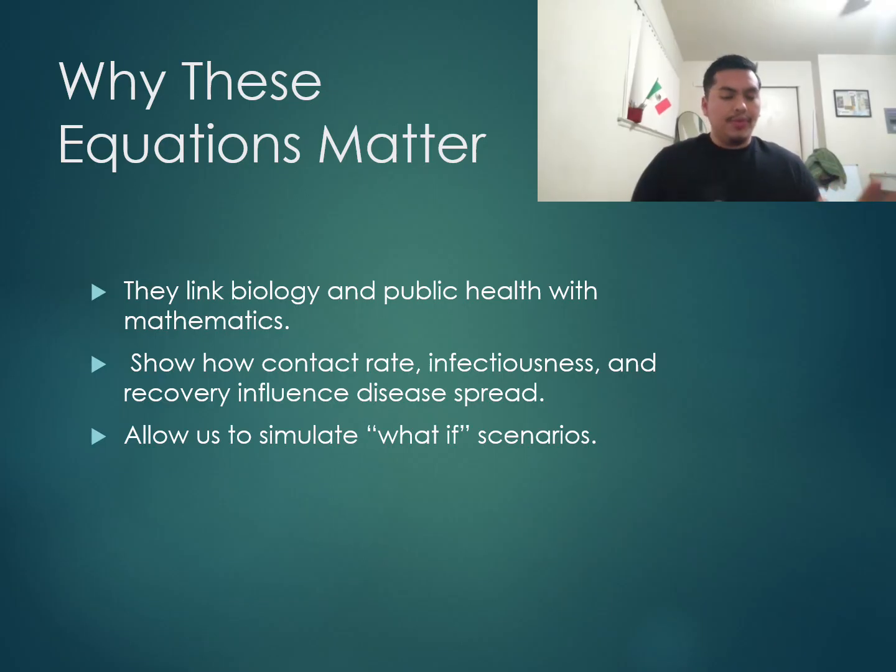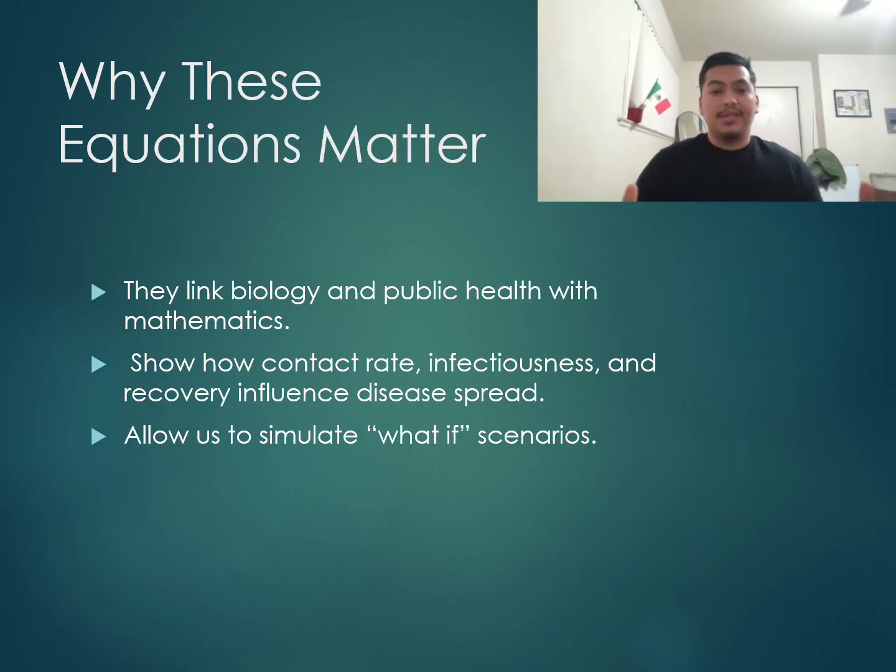Now, what we can put in for beta and gamma: for beta, we can put in mandates like mask wearing, social distancing, and for our gamma, we can actually input a vaccine, right? And with that vaccine, we can see how outcomes change, right?